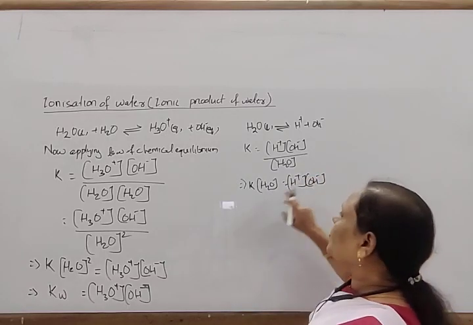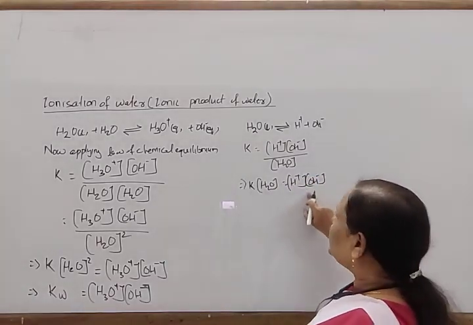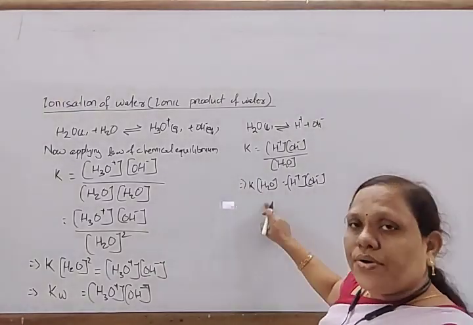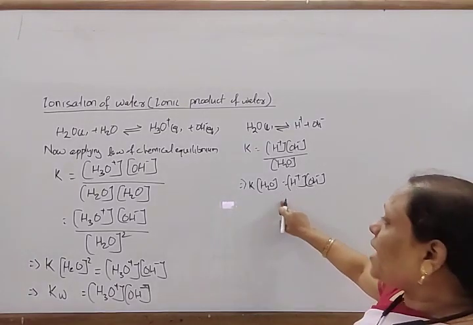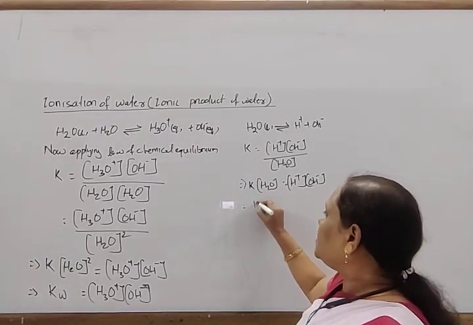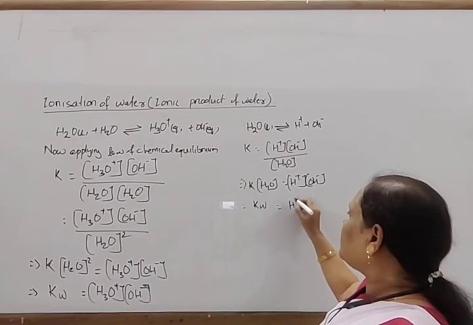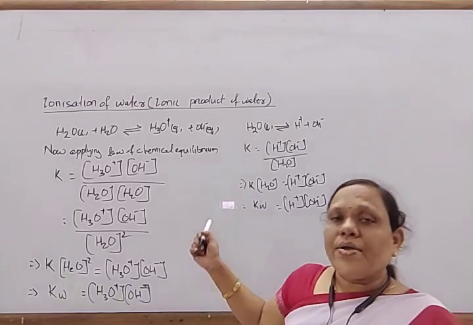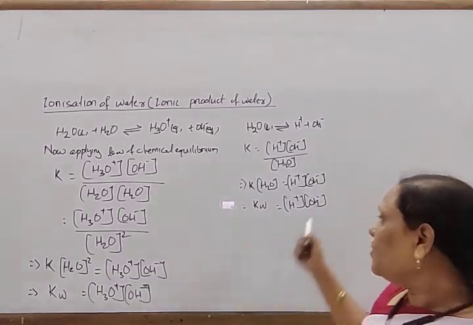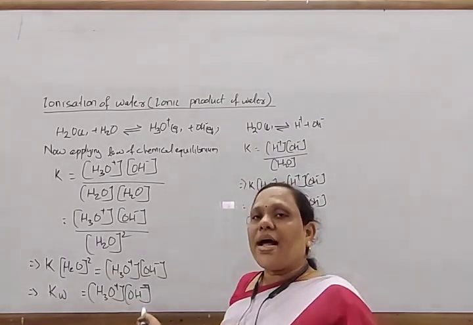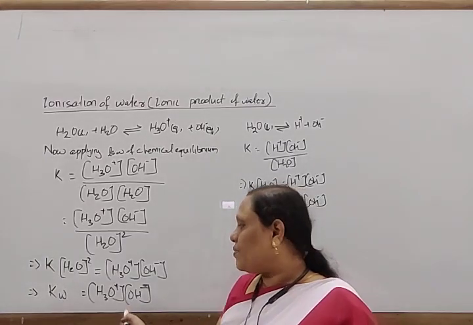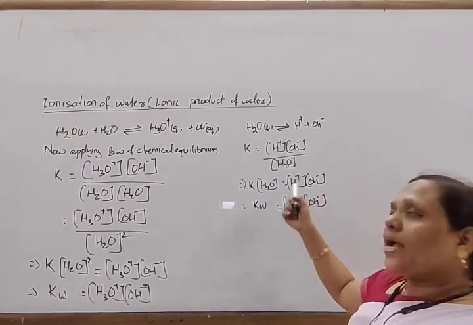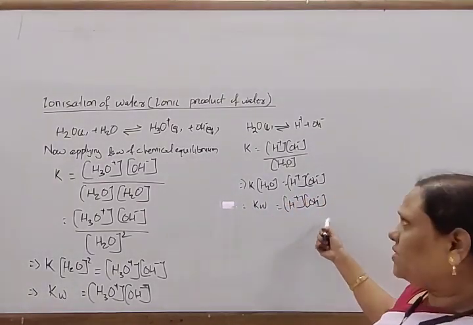So the product of hydrogen ion concentration and OH minus concentration is also known as the ionic product of water, represented as Kw equal to H plus ion into OH minus ion. The ionic product of water is the product of molar concentrations of either hydronium ion and hydroxyl ion, or hydrogen ion and hydroxyl ion.